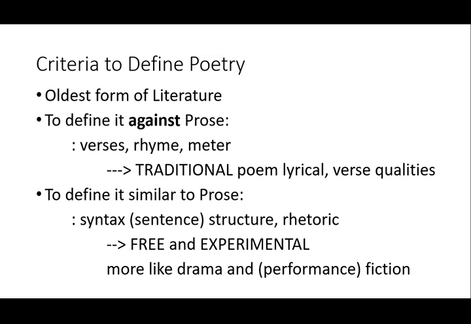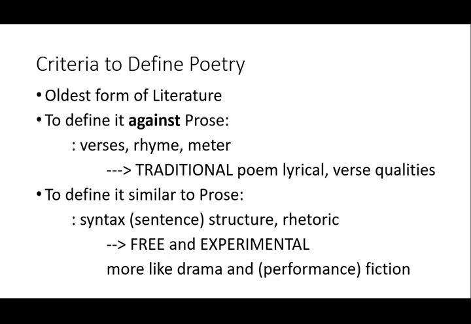That is how we define poetry. Another way to define poetry is to look at the characteristics that are similar to prose. That is to say, the syntax structure, that is the sentence structure, and the rhetoric elements of it, basically the language elements of it, which are quite similar.